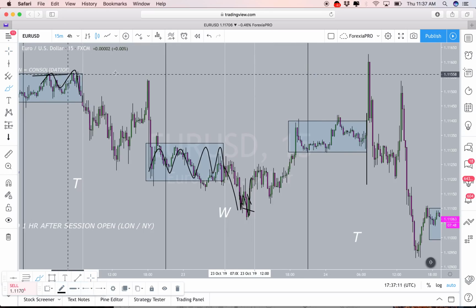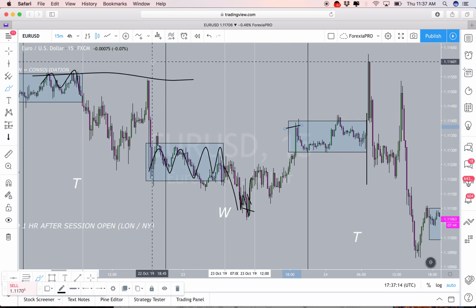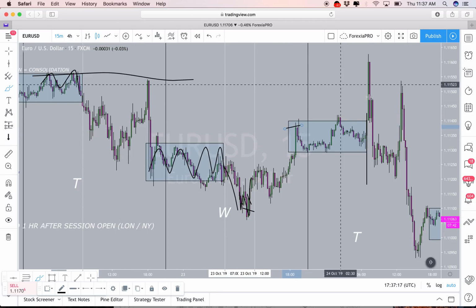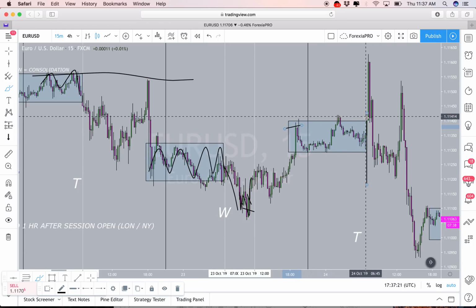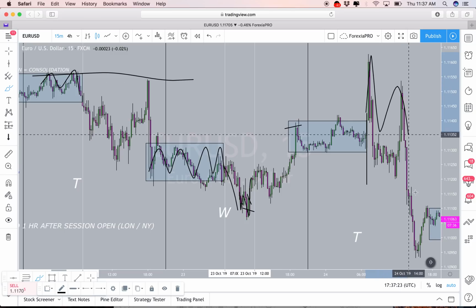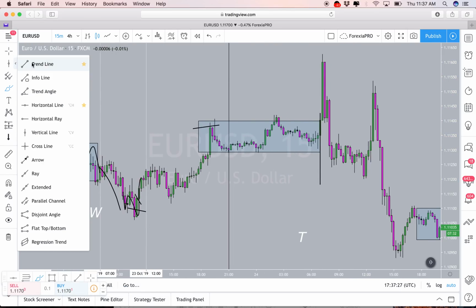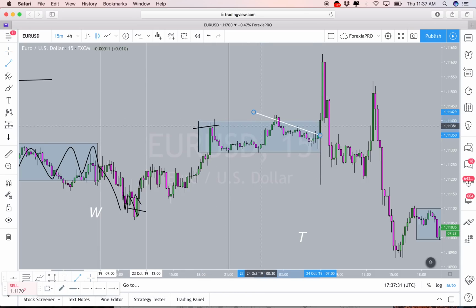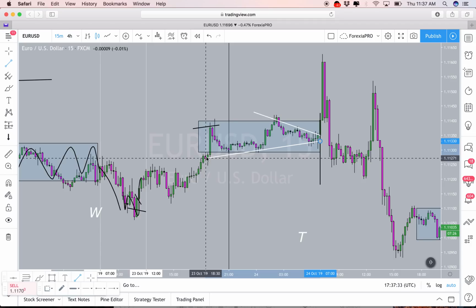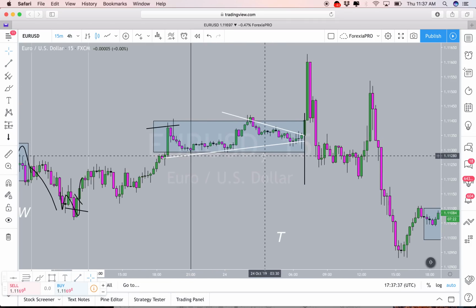So if this was the high of the previous days, actually this was the high of the previous day, and this was the high of the previous day. They broke the high of the day, the high of the previous day, and the high of the previous day. Once again, if you have the eyes to see, a beautiful signature trade.